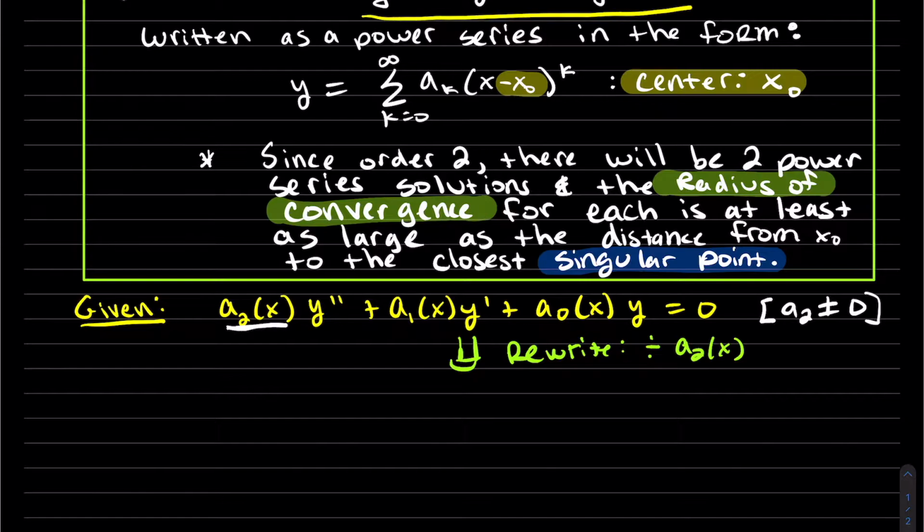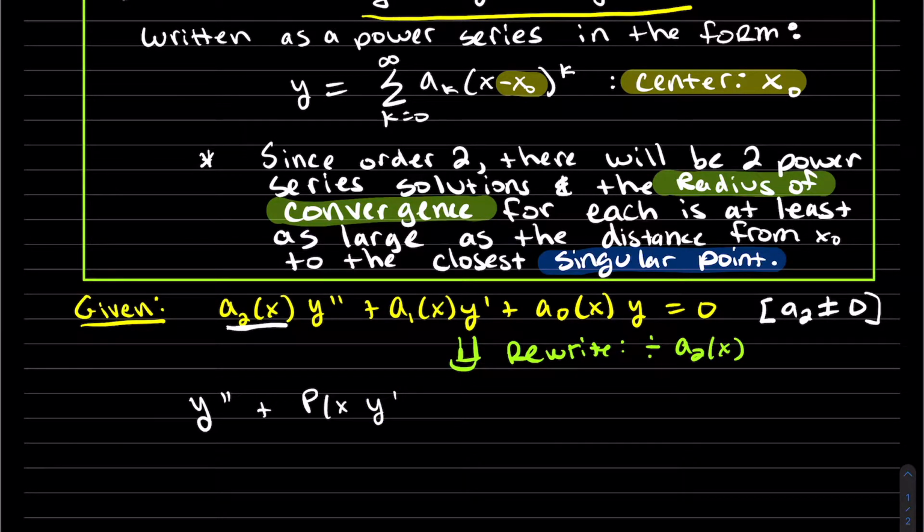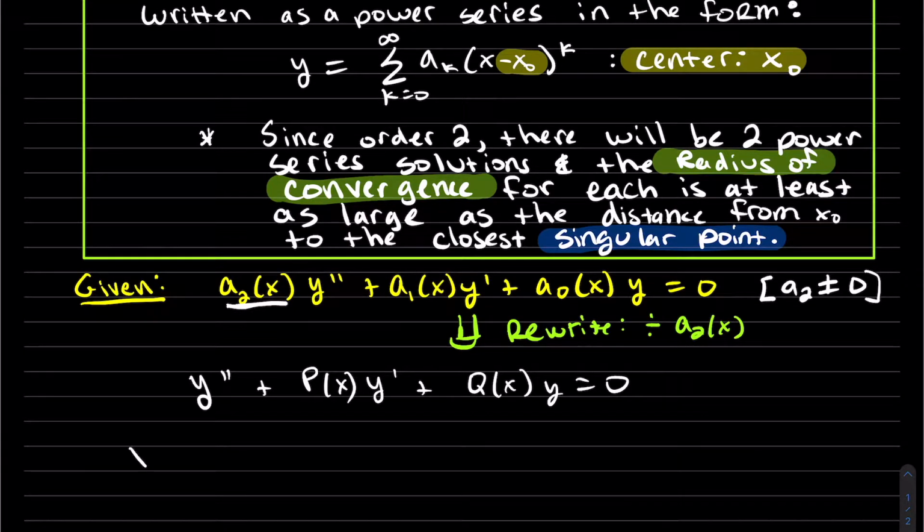And we get a1 divided by a2, which we just call p, times y prime. We can see that it is a function of x. And q of x.